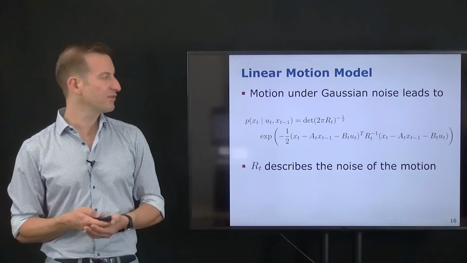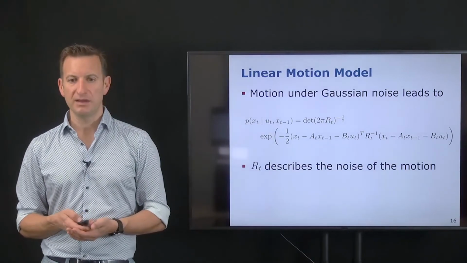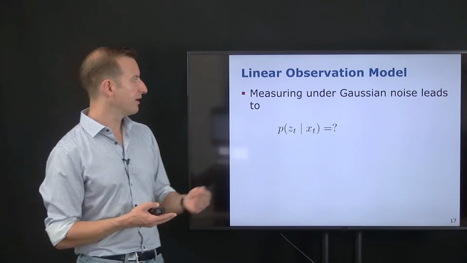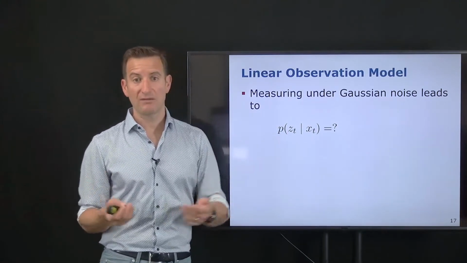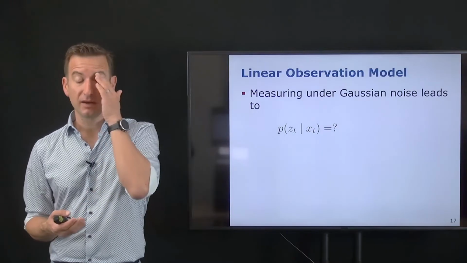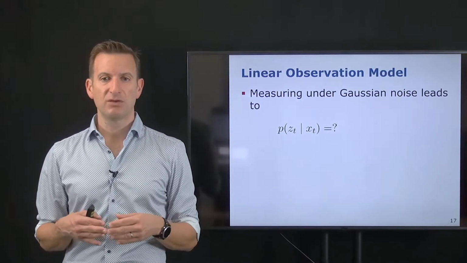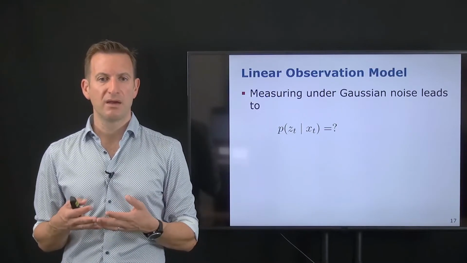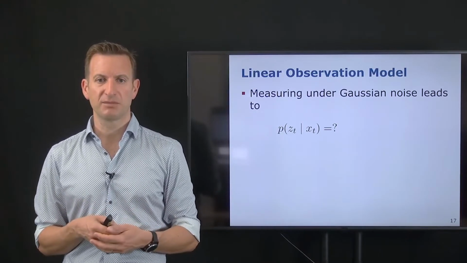And I can do the same exercise for the observation. So how does the observation look like? Again, we assume we have our linear model and everything is Gaussian. Again, we need to compute our predicted observation and then see how far our real observation is from that predicted observation.